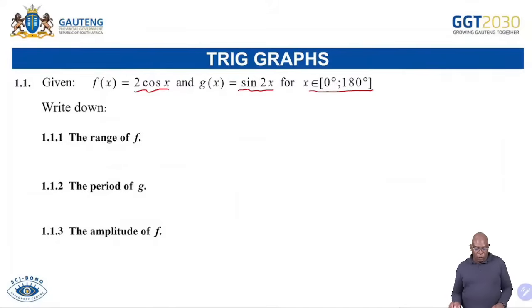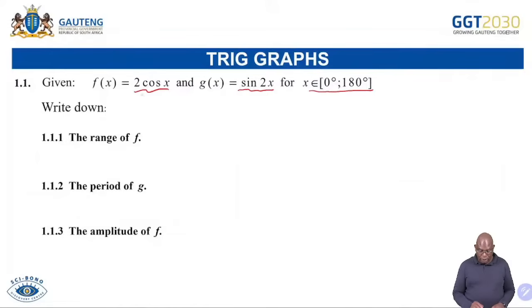Now write down the range of f. Remember the range, it is where the graph starts on top there, and where it ends at the bottom. Right, in this case, the range of this graph.